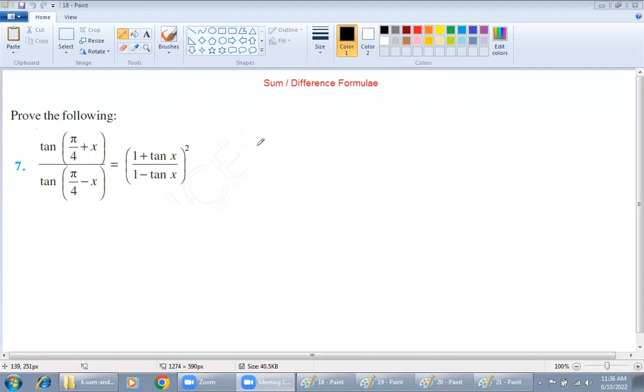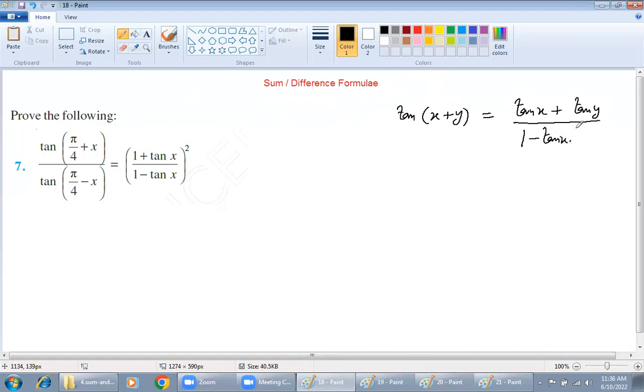For the tangent function, we have the formulae tan of x plus y is equal to tan x plus tan y divided by 1 minus tan x tan y, while tan of x minus y is equal to tan x minus tan y divided by 1 plus tan x into tan y.